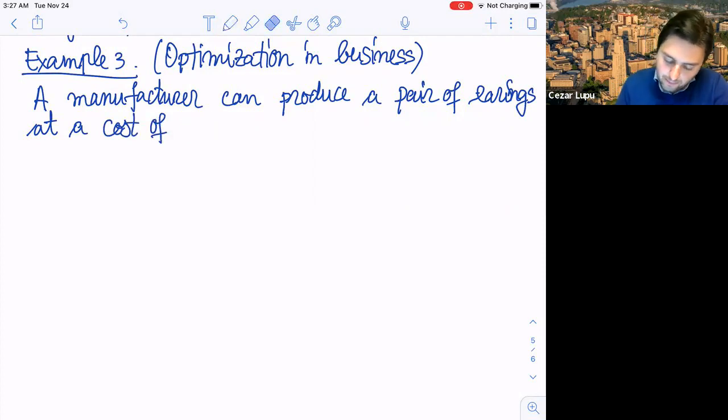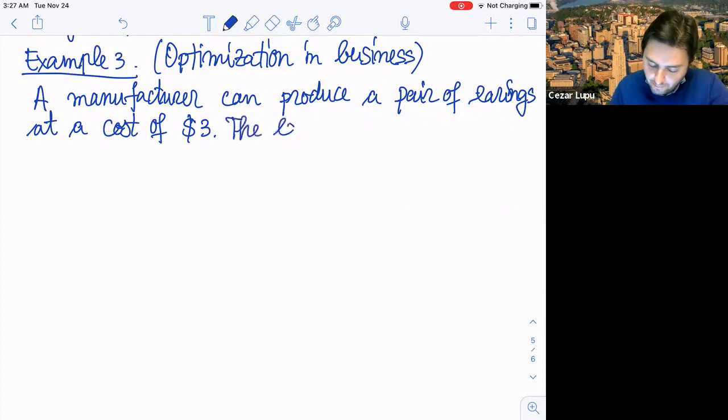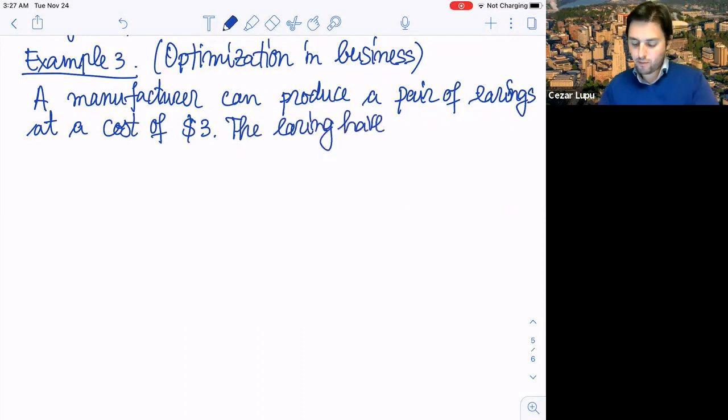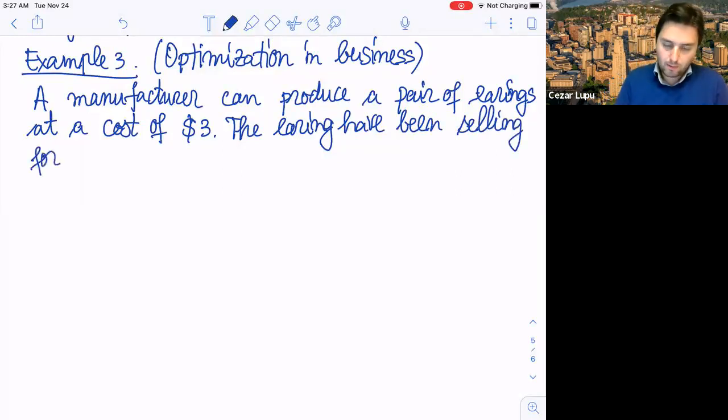The earrings have been selling for $5 per pair.